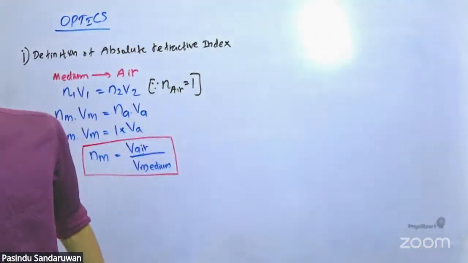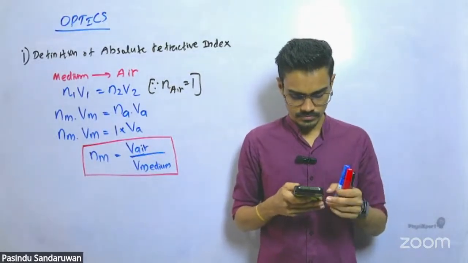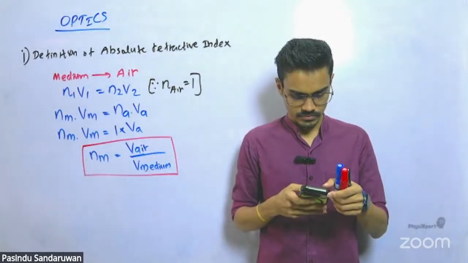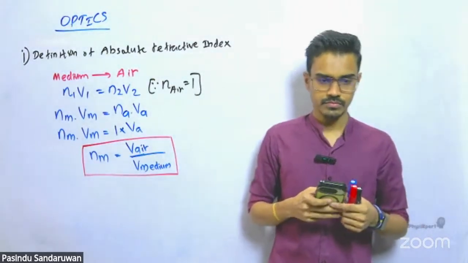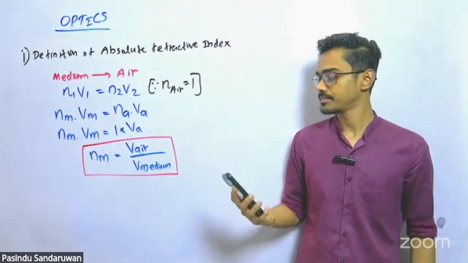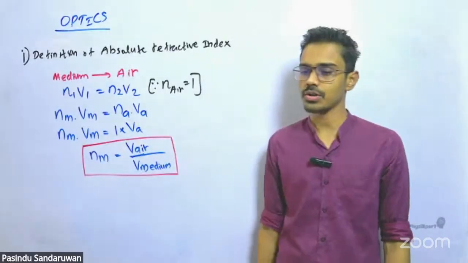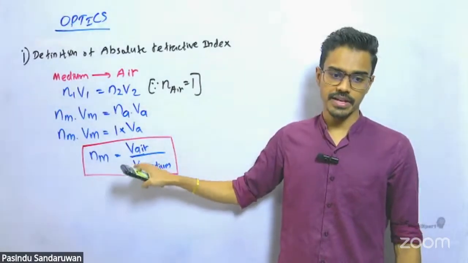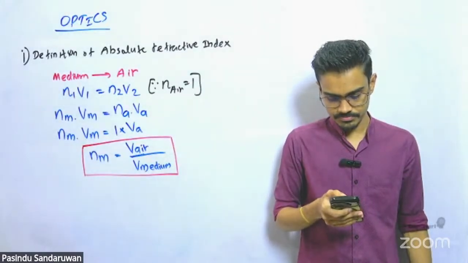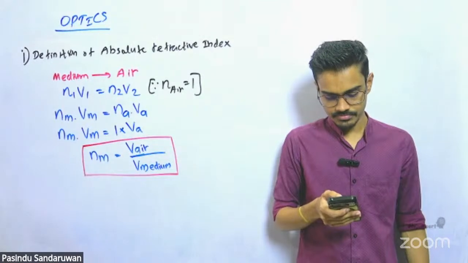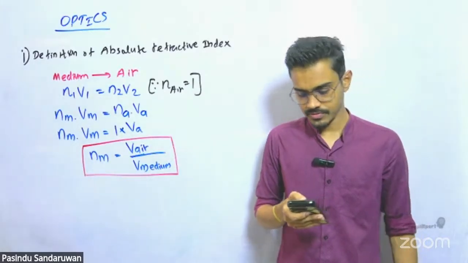Right after this point, refractive index of a medium is the ratio between velocity of the air medium to that of the medium. Right, finished.